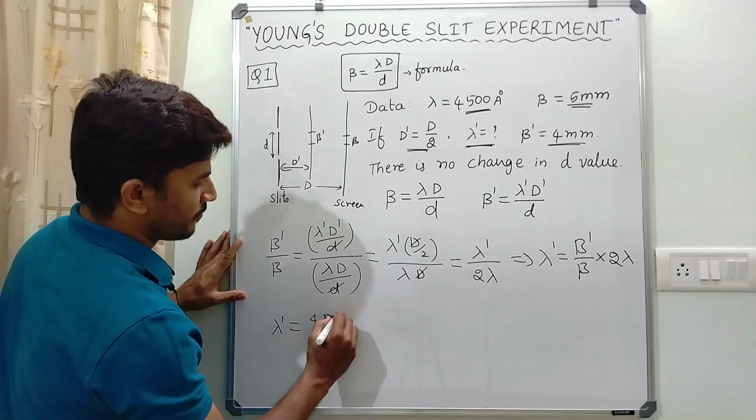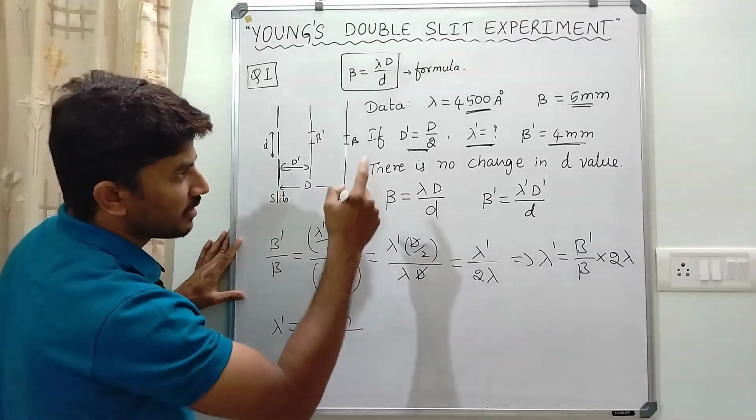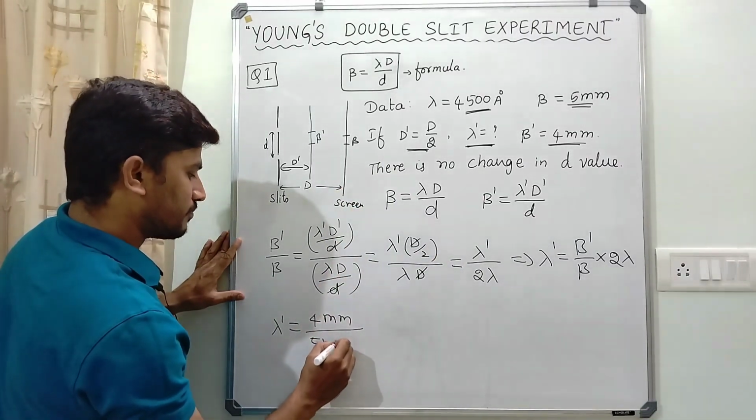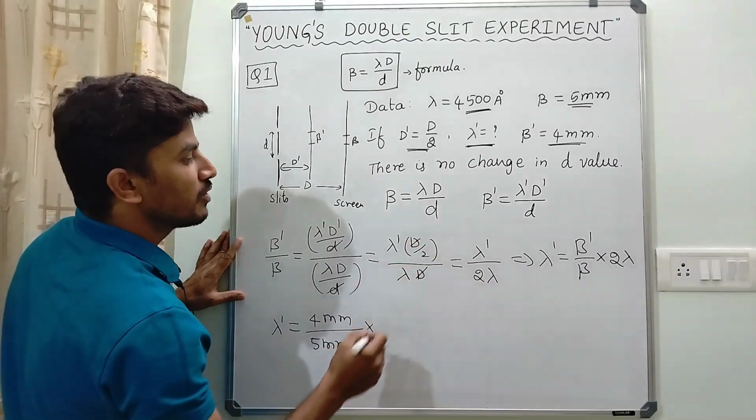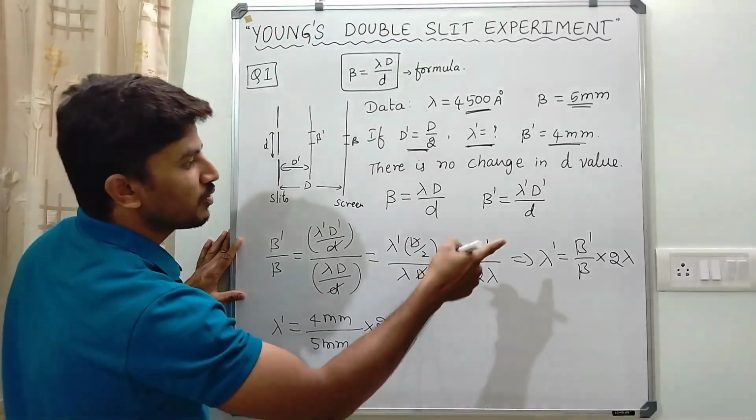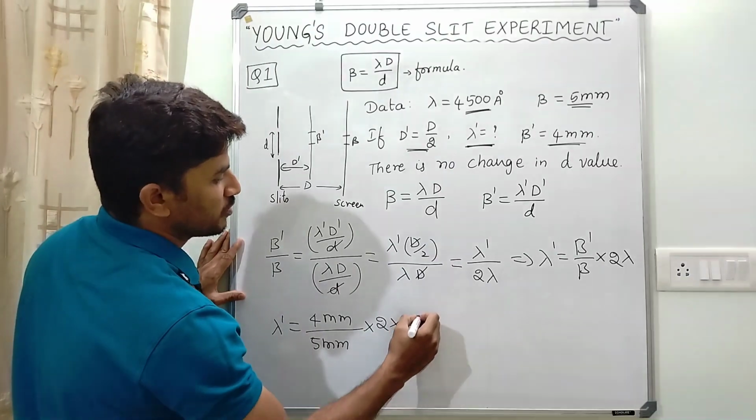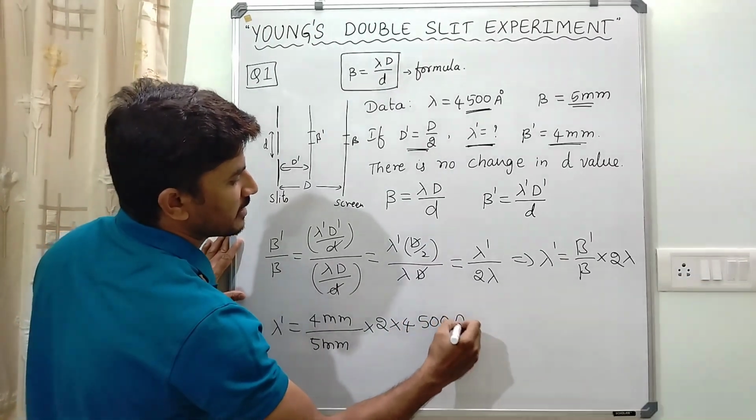Now lambda dash is equal to, what is beta dash? 4 mm, beta 5 mm, into 2 into, what about lambda? 4500 angstrom.